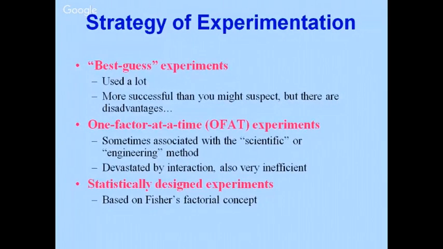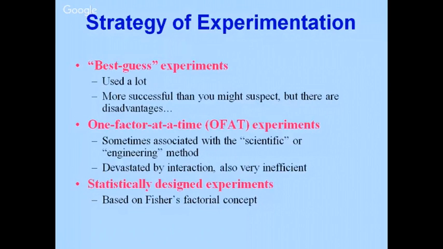Now, when we conduct an experiment, of course, there are different strategies. Best guess experiment. What do we mean by this? By intuition, we know certain things, isn't it? Like if I increase the feed rate, material removal rate will be increasing.